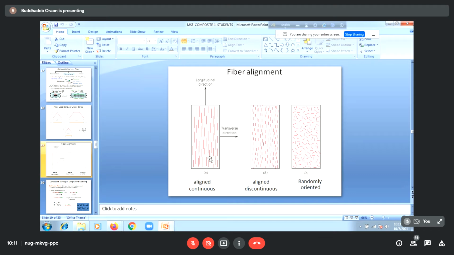Okay, so this is what we mean by continuous alignment: the fiber may not be continuously existing within the matrix.